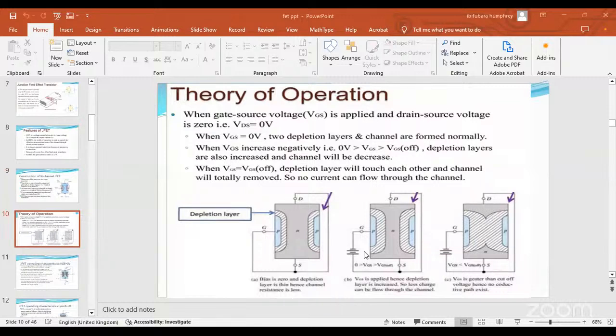Now, when the gate-source voltage, VGS, is applied and the drain-source voltage is 0, that is, as it is here in the first diagram, there is no voltage source on both sides.